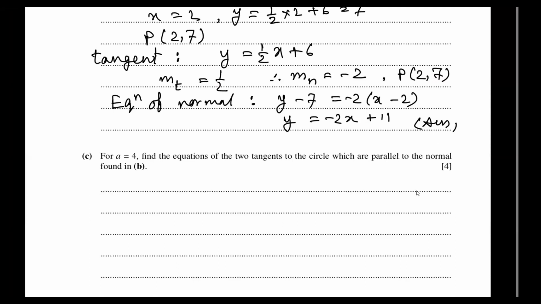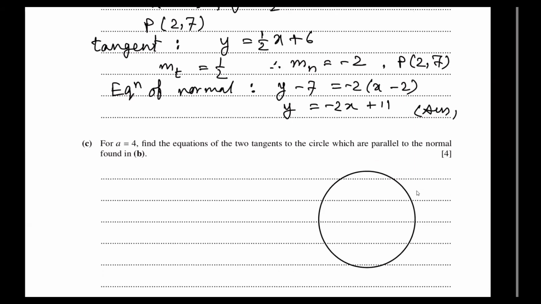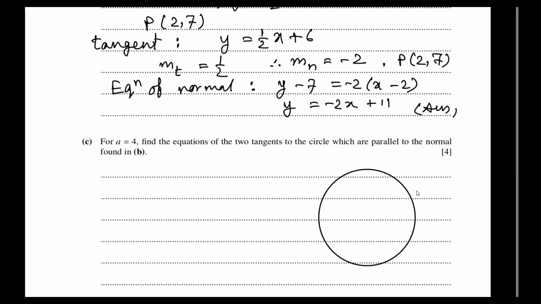If you draw a rough diagram here, draw a rough circle, and the equation of the tangent y equals half x plus 6, let's say this is the tangent, this is the point P, and the normal is here. Remember the normal passes through the center of the circle.